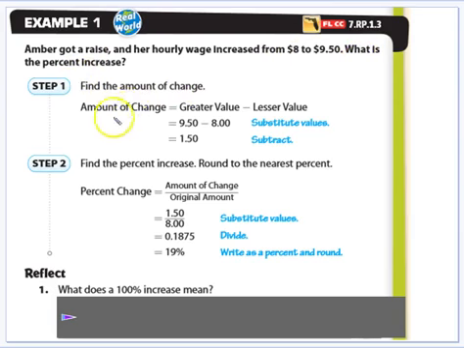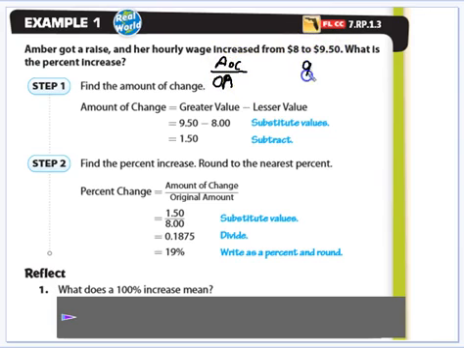First we have to find the amount of change, because to find the percent increase we get AOC over the original price, OP, the original amount, OA. So to find the AOC, we do GV, greater value, minus lesser value.